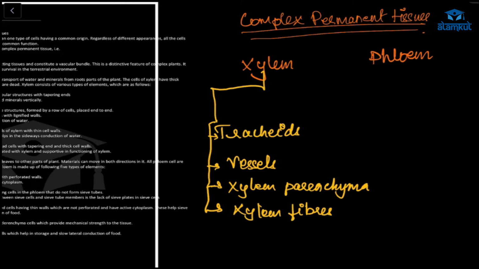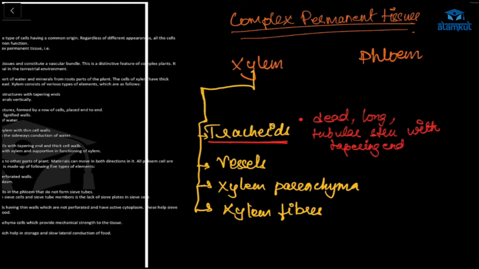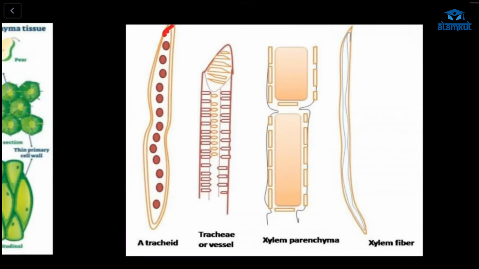So first we will go for the tracheids. Now these tracheids are dead cells and are long tubular structures with tapering ends, like this.